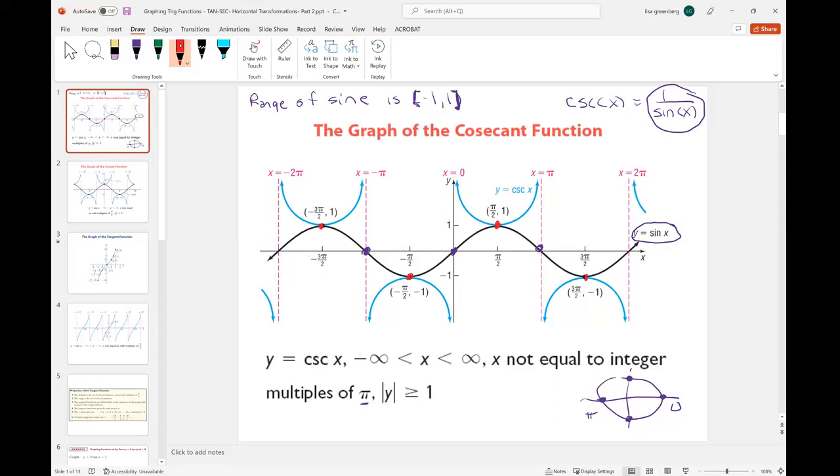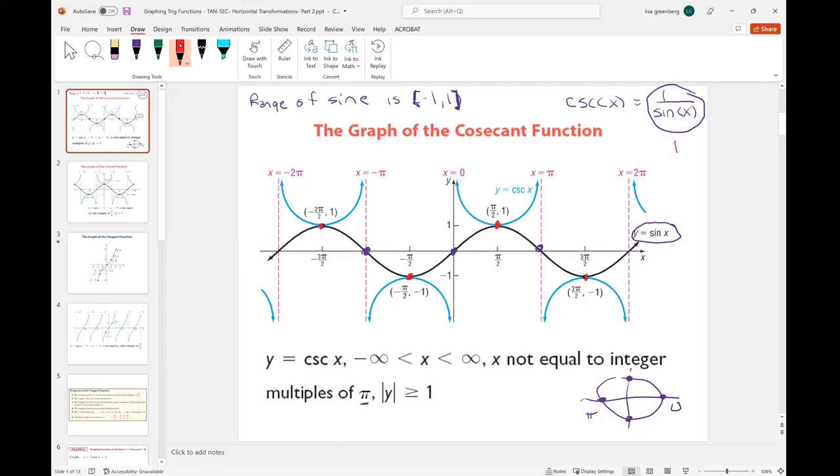And then what we want to do is look at the middle. So let's look at something less than 1 and greater than 0. Let's look at 1/2. If I have 1 over 1/2, what would cosecant be? Wouldn't that be 2? It would.